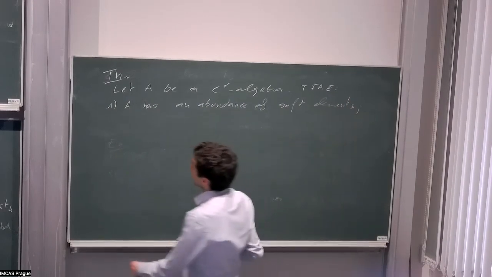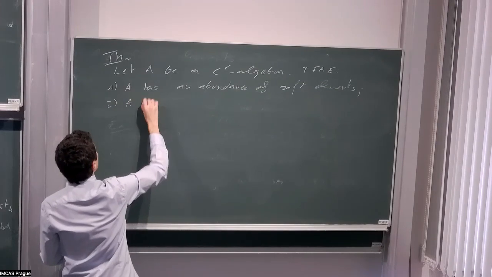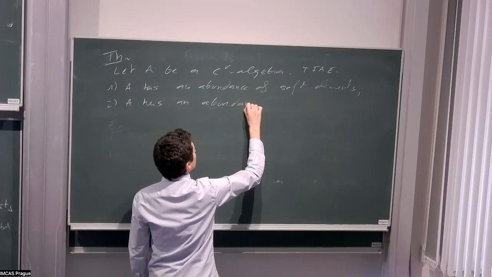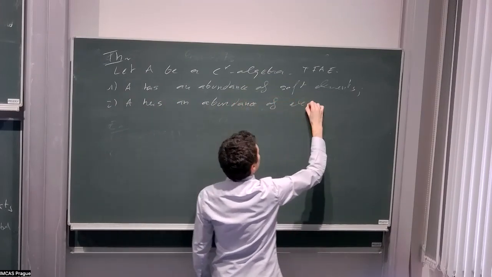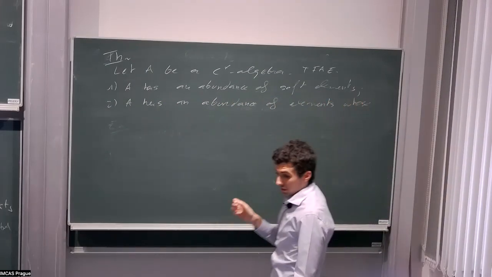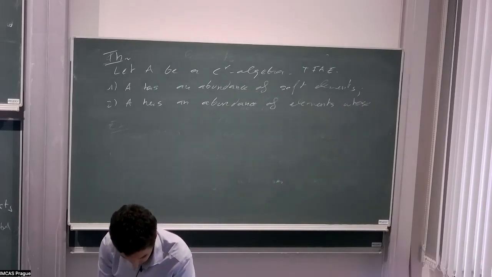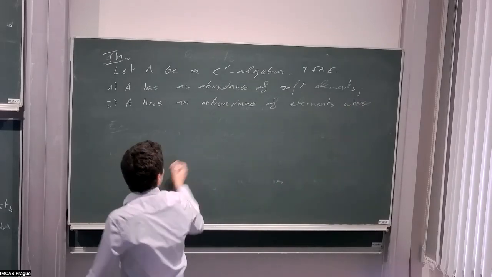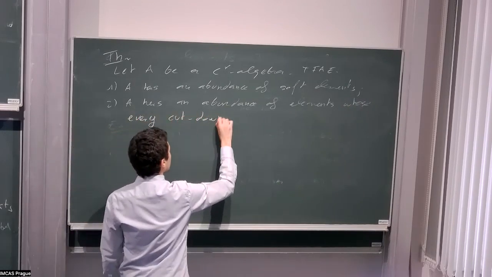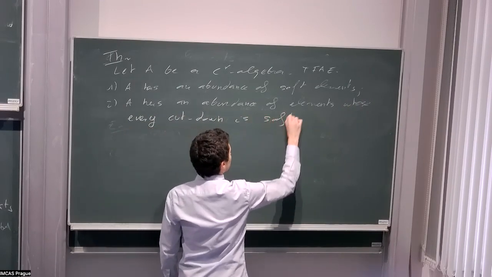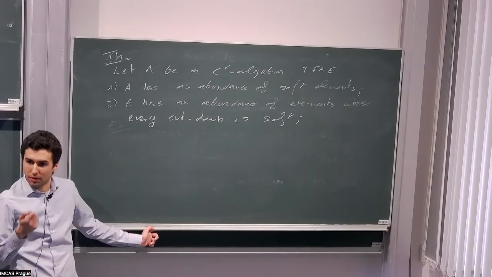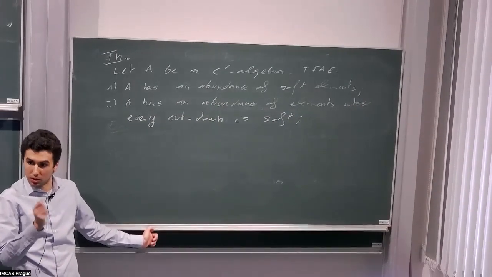Two, and maybe surprisingly, it has an abundance of elements whose every cut down is soft, and this is not trivial. So it's not just that we have elements that are soft that are abundant, but we have elements a such that (a minus epsilon)_+ is soft for every epsilon.